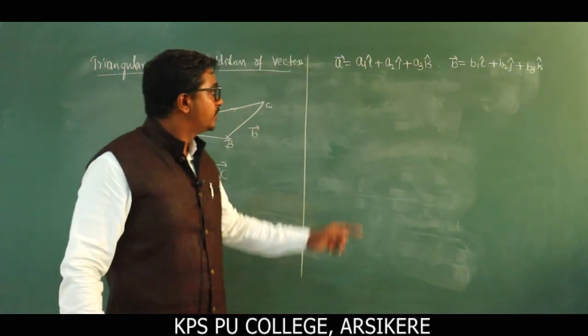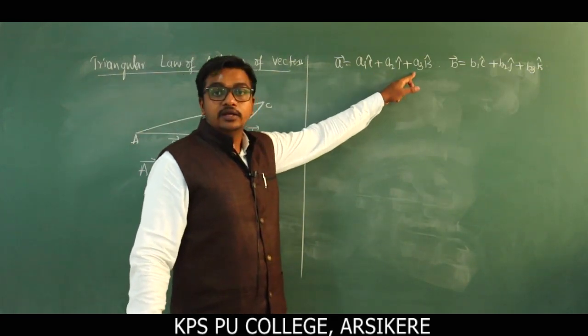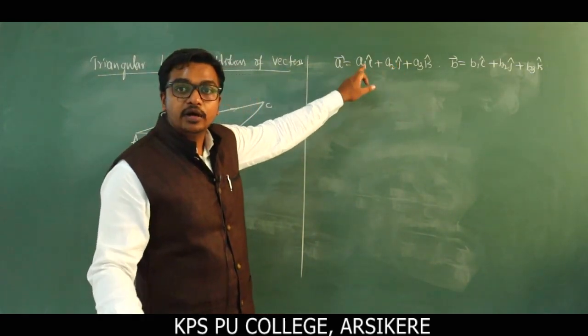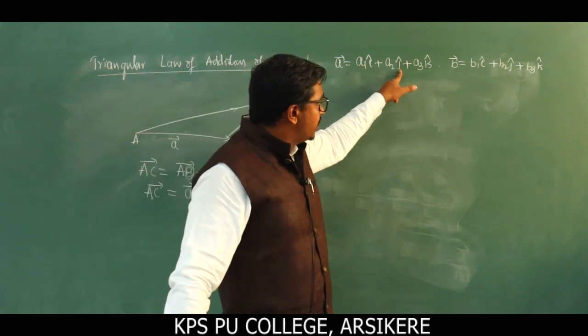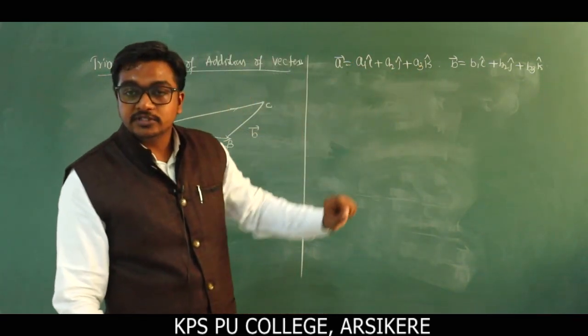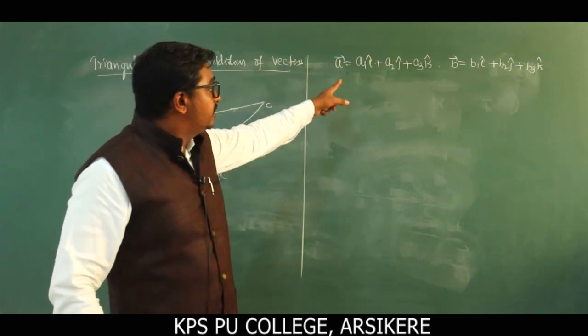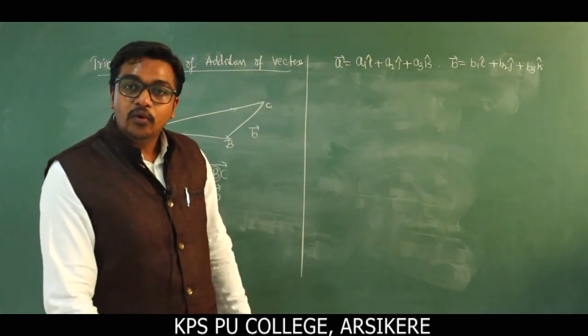Just observe here, a1, a2, a3, they are the scalar components of vector a, and a1 into i cap, a2 into j cap and a3 into k cap, they are the vector components of vector a.